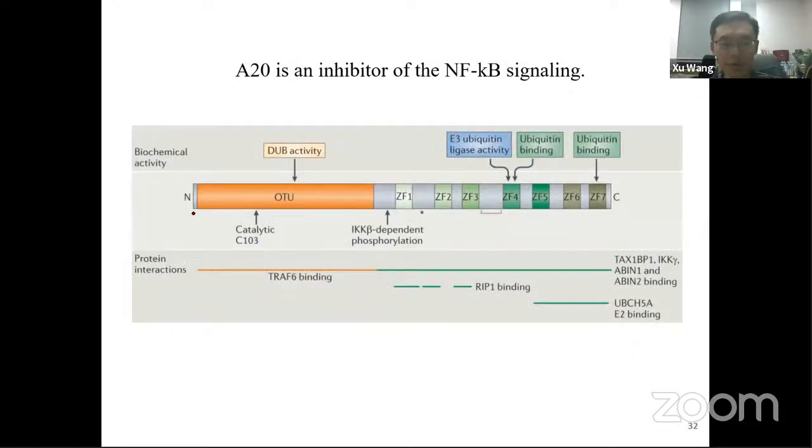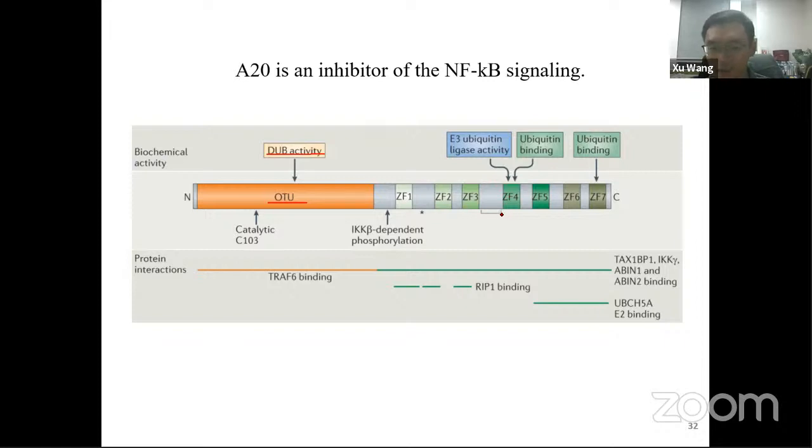So this is the structure of A20. It has an N-terminal OTU domain. This domain confers A20 the DUB activity, or the deubiquitinase activity. A20 also has several zinc finger domains.